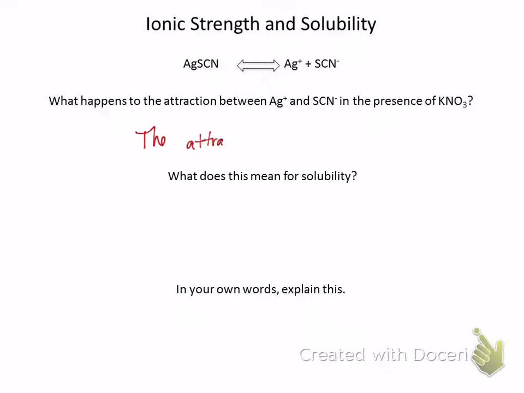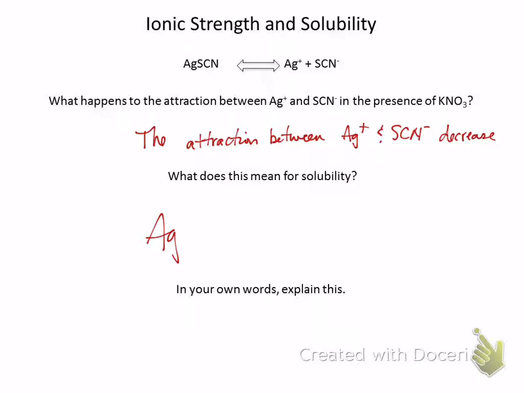So what sort of things are going on in solution? Well, as it turns out, the attraction between the silver and the thiocyanate decreases as we add in other ions. We can think of this in a visual or verbal sense here, that we have potassium ions and nitrate ions as we add them to solution that are taking some of the attention of the silver and the thiocyanate.